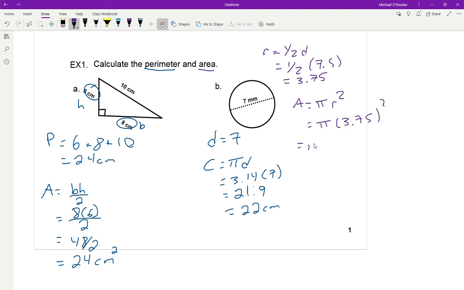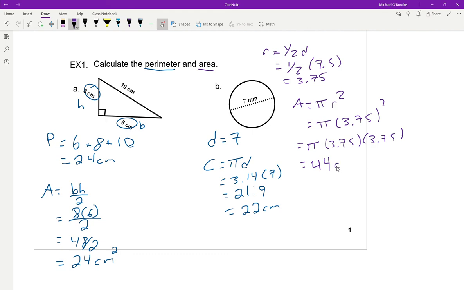That's the same as saying pi times 3.75 times 3.75, which equals 44.